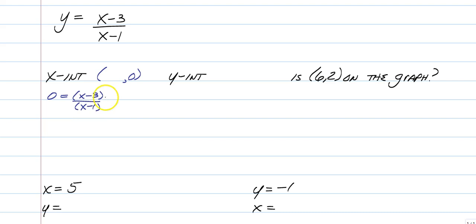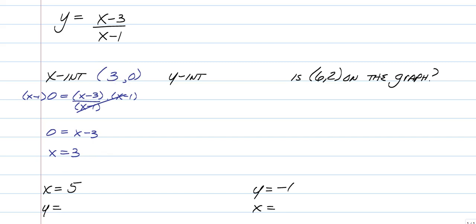How do we solve for x? Get rid of your denominator by multiplying both sides by x minus 1. Those will cancel, and x minus 1 times 0 is, of course, 0. So 0 is equal to x minus 3, so x is equal to 3. Your x-intercept is (3, 0).